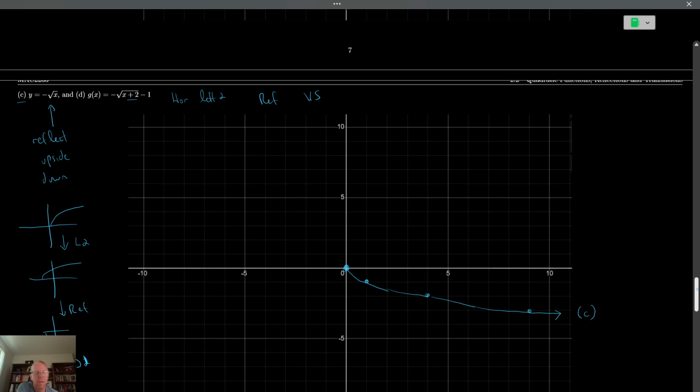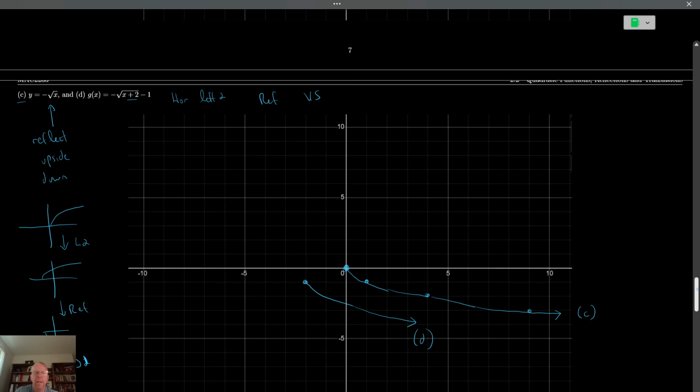We moved left 2, so now we're at -2, 0. And then we're going to move down 1, so now we're at -2, -1. So we've essentially moved left 2, down 1 from the original. We won't get this super accurate, but it'll look something like that. So that's our D graph.